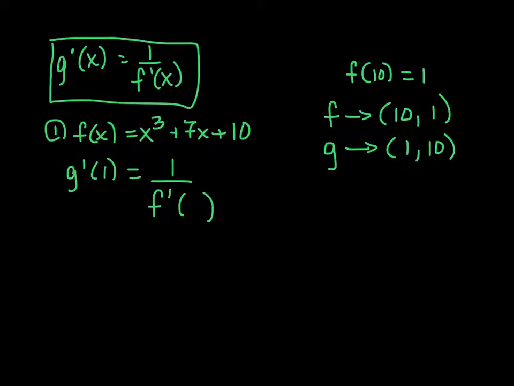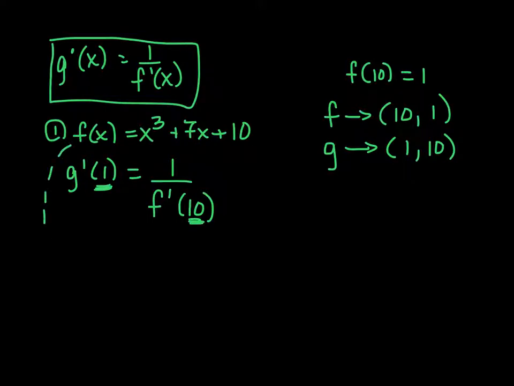If g's x value is 1, then f's x value is 10. So I am just going to put in a 10 here, because this corresponds to g's x value, and this corresponds to f's x value. You follow? So then all I'm going to do is find f prime and plug in 10.